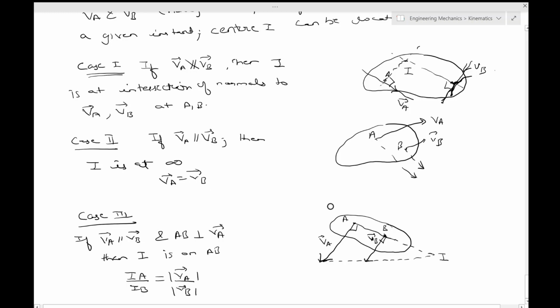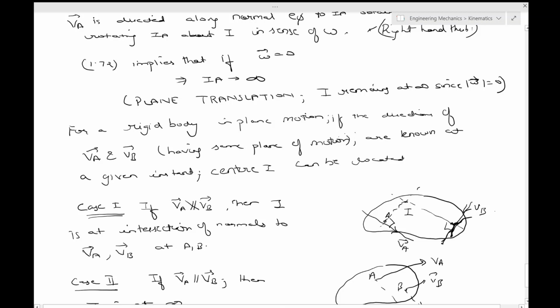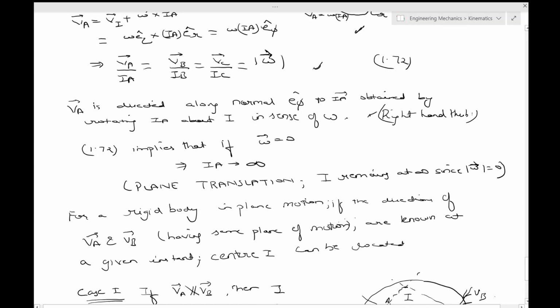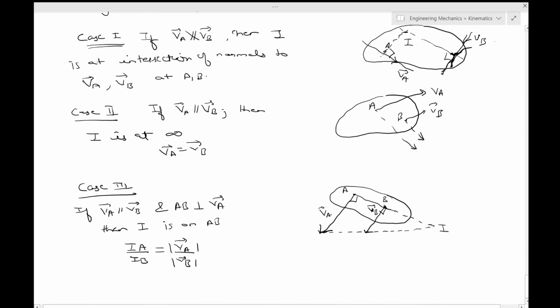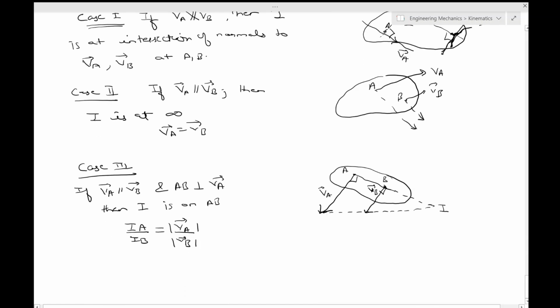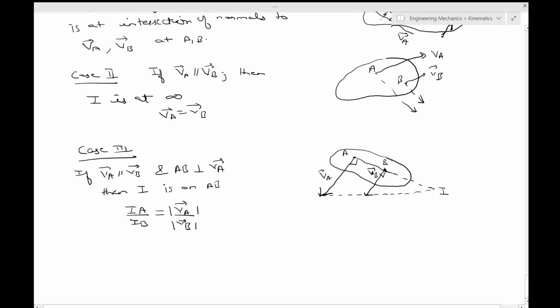That's easily coming in from over here. IA by IB is equal to VA by VB. So then I will be on the intersection of this particular line.